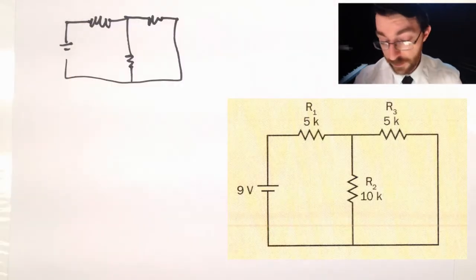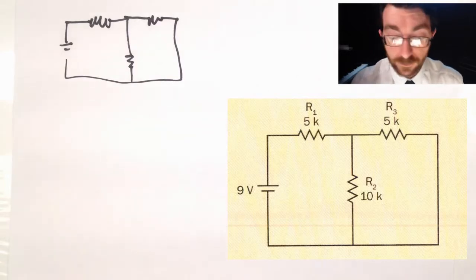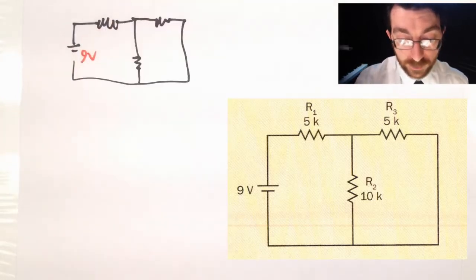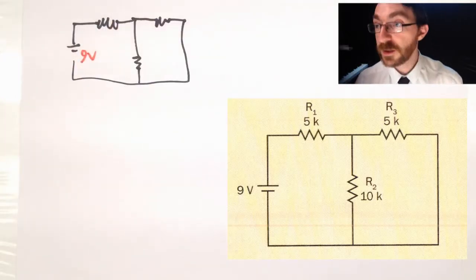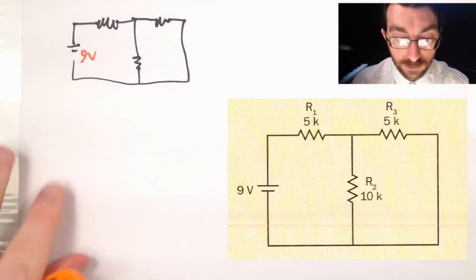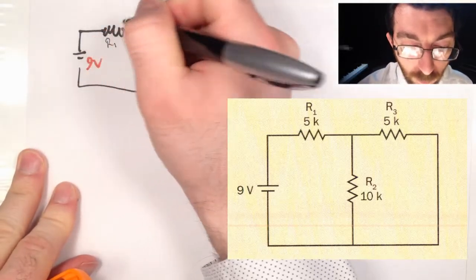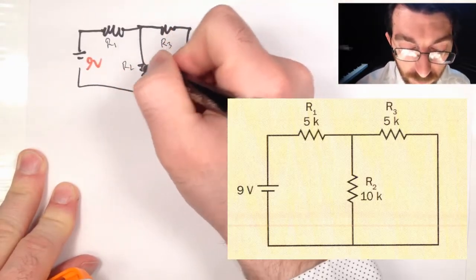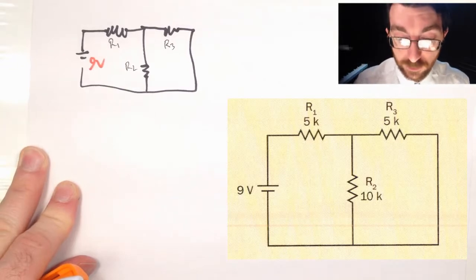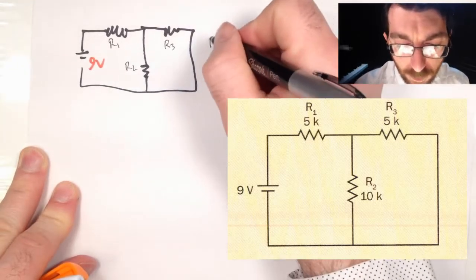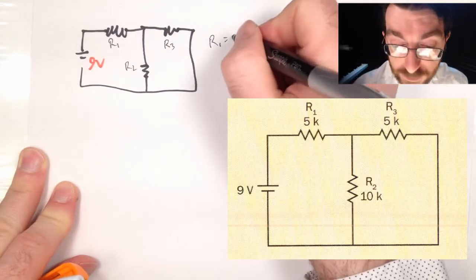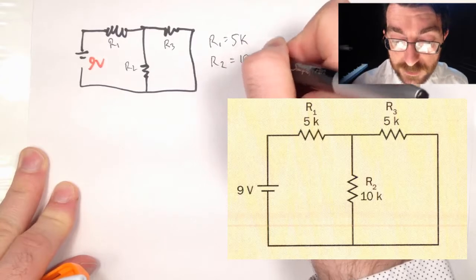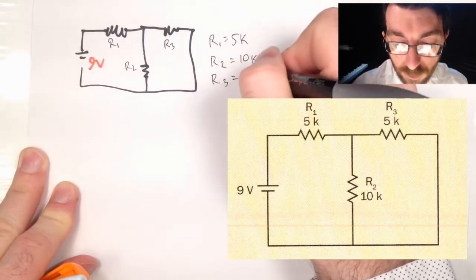Okay, so we have here a 9-volt battery, and the resistors, which I shall number R1, R3, R2. R1 is 5 kiloohms, R2 is 10 kiloohms, and R3 is 5 kiloohms.